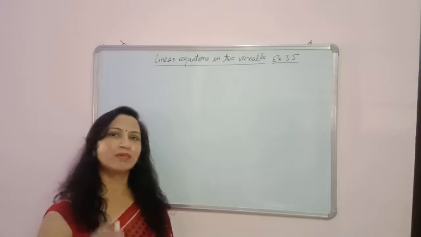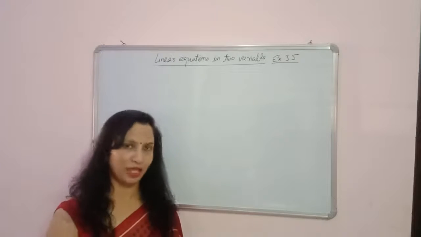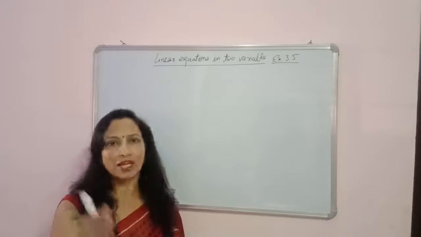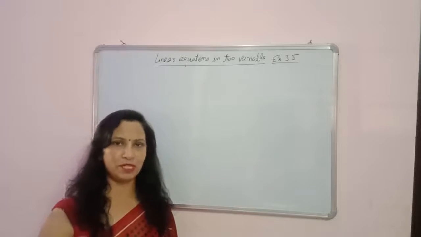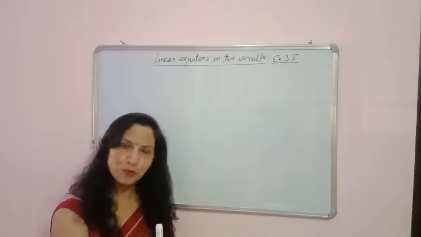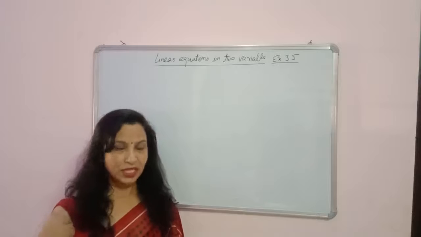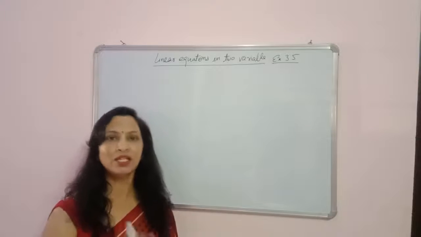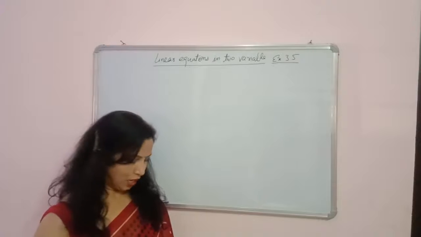You will pay something as a fixed charge. Suppose 100 rupees is the fixed charge you have to pay, and then the per day charge, means for 1 day it is 50 rupees, for 2 days 50 plus 50, 100 rupees. So there is a fixed charge which you have to pay with the additional per day charge. So here in the question you have a fixed charge and the per day charge.